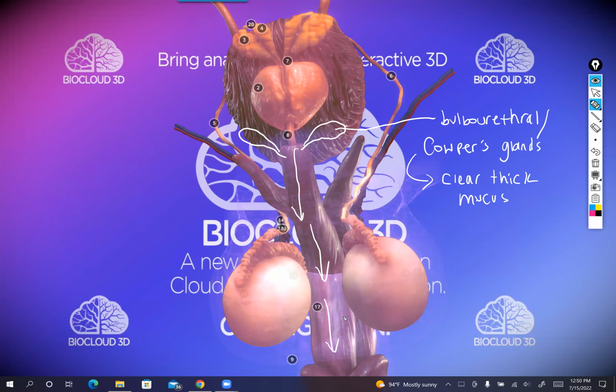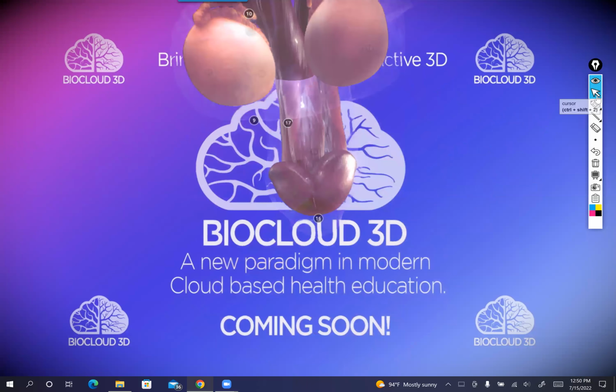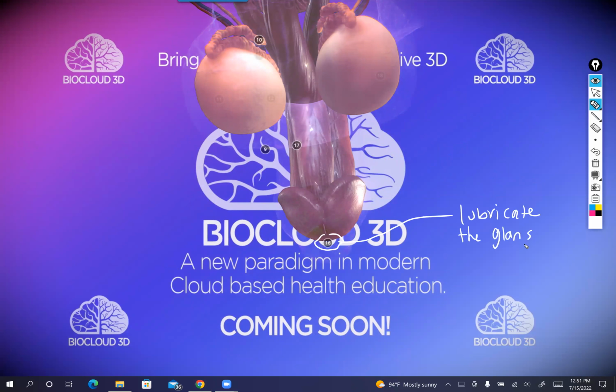The other function of the bulbourethral or Cowper's glands is, of course, it emerges during the human sexual response from the tip of the penis, from the end of the glands, and that functions to lubricate the glands, which eases intromission.